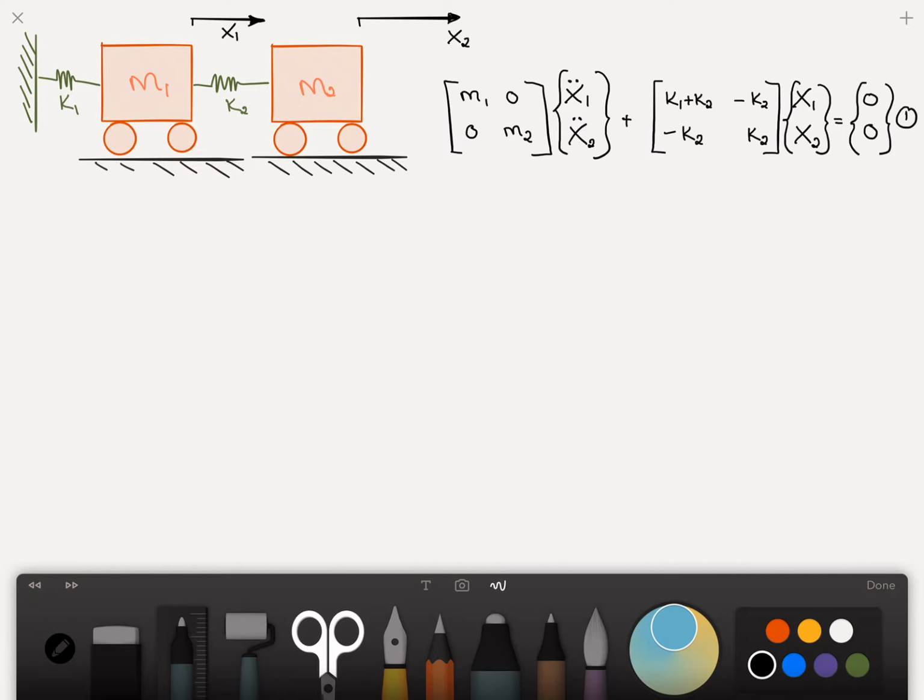In this problem, we'd like to look at the unrestrained problem, also known as the semi-definite or degenerate problem. And the idea here is what happens if we cut the spring from the wall, the spring K1. I'm going to begin by duplicating this diagram.